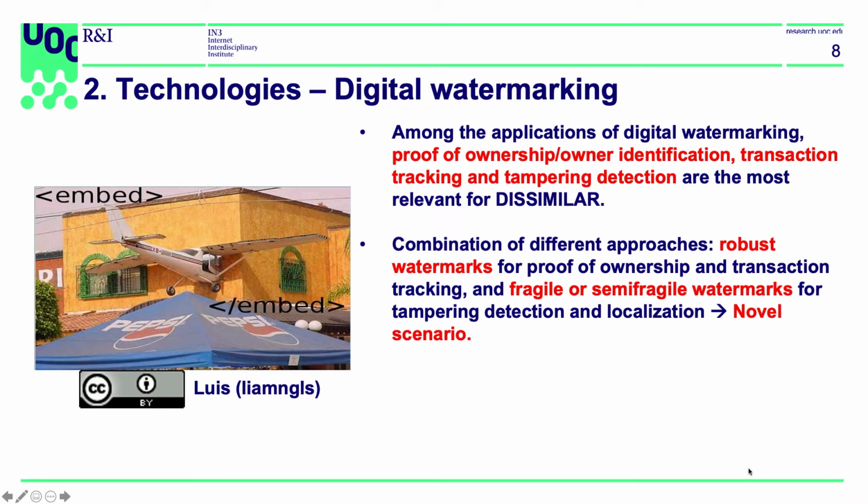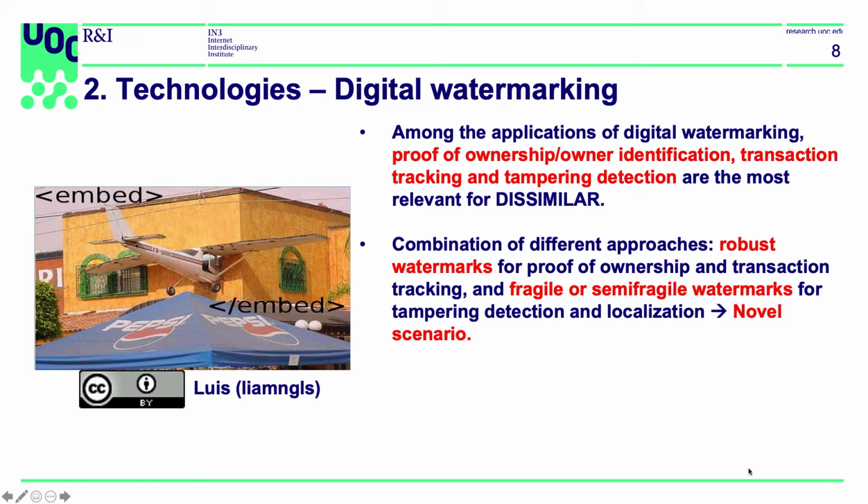This will require a combination of different approaches, including robust watermarks for proof of ownership or transaction tracking, but we will also need fragile or semi-fragile watermarks for tampering detection and localization.